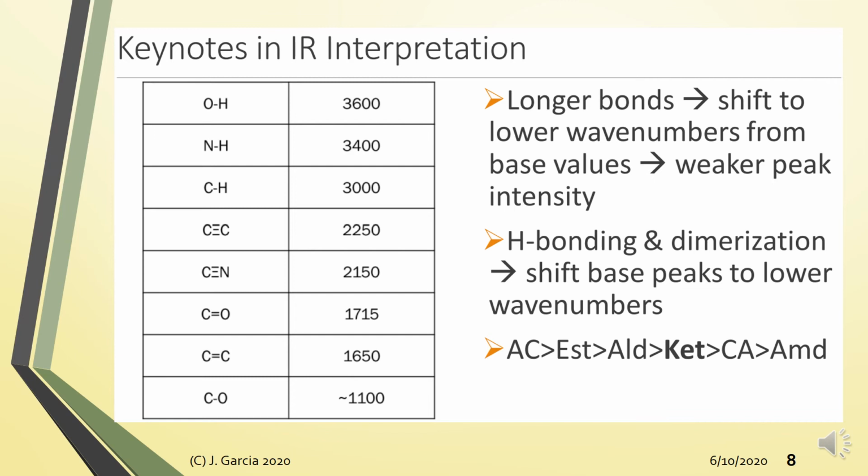Strong intensity, mid intensity, or weak yung intensity ng peaks; and also the peak shape, whether it is sharp or broad. Alright, so shown here are the so-called base values for the different common functional groups.